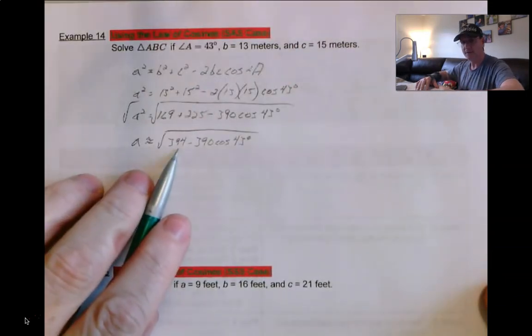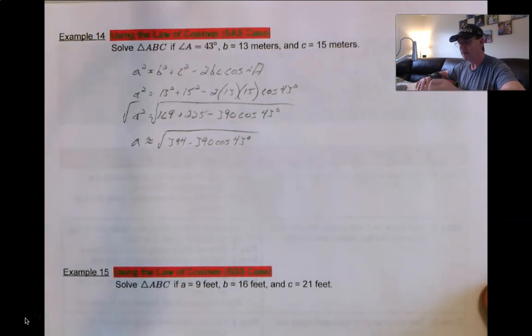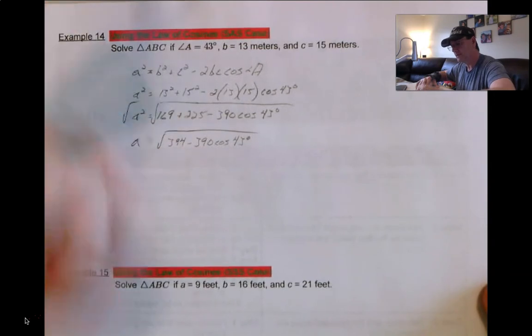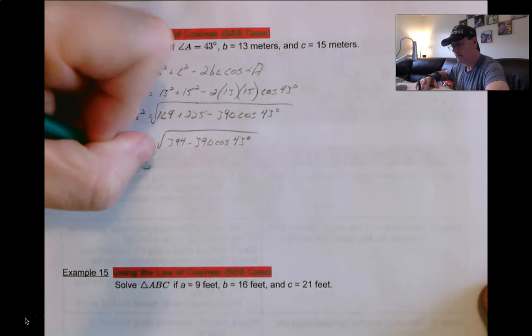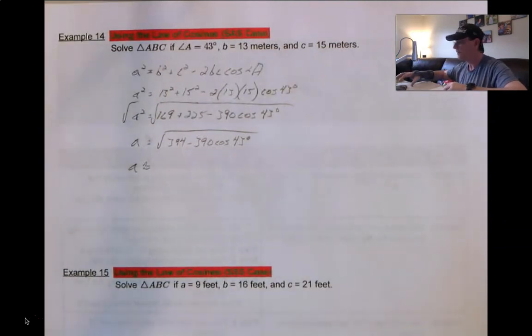Notice I did not do 394 minus 390. Don't make that mistake. That's an equals for now; here it's the approximate. All right, go to our calculators.